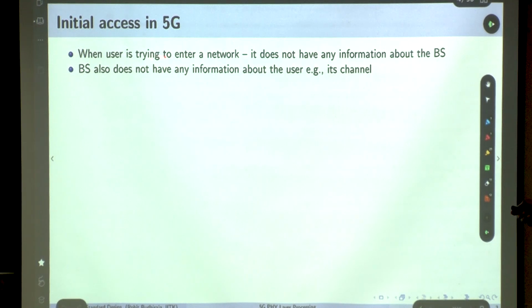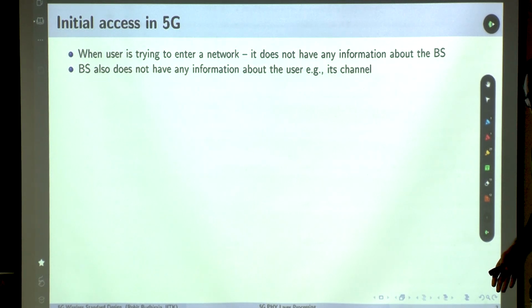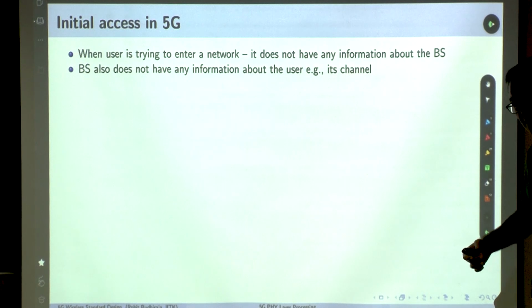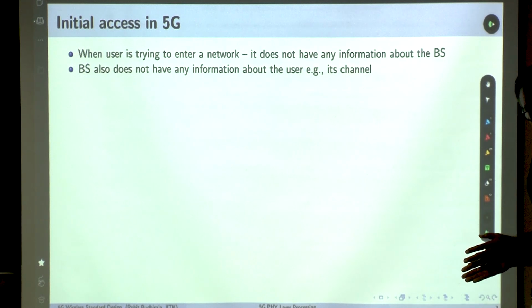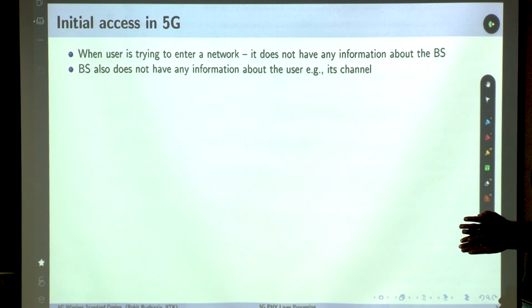Now the base station also does not have any information about the user, for example its uplink channel, or how far the user is from the base station, so that it can tell the user to transmit at a particular power. I am considering very familiar examples.